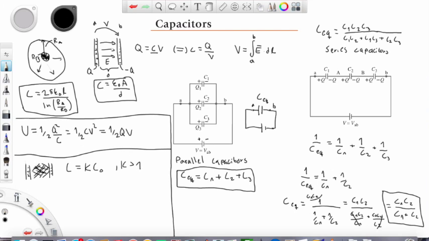So with suitable material selection, we can ramp up the capacitance of the capacitors, usually quite significantly.